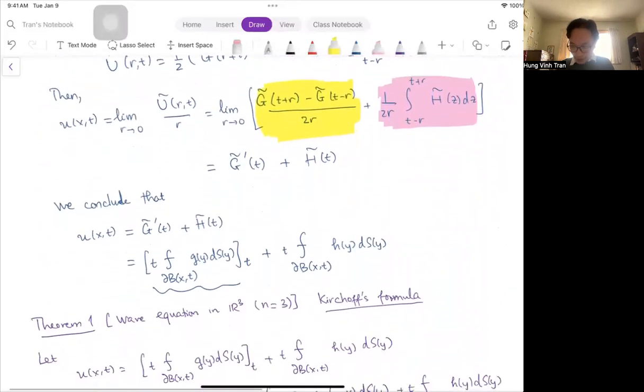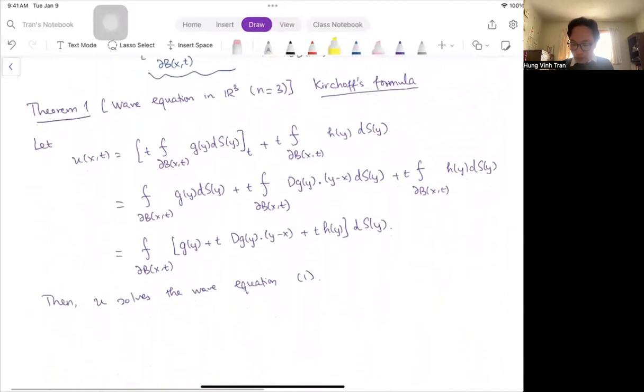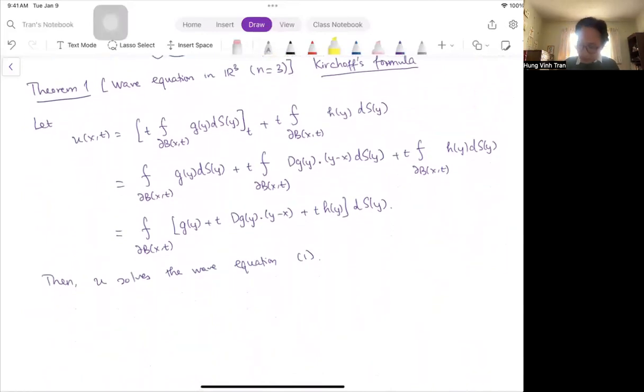And there's one remark I want to make. We will come back to this, but it is quite important. Remark one is that you can see that the solution u(x,t) depends exactly only on the information of the initial data on the sphere.